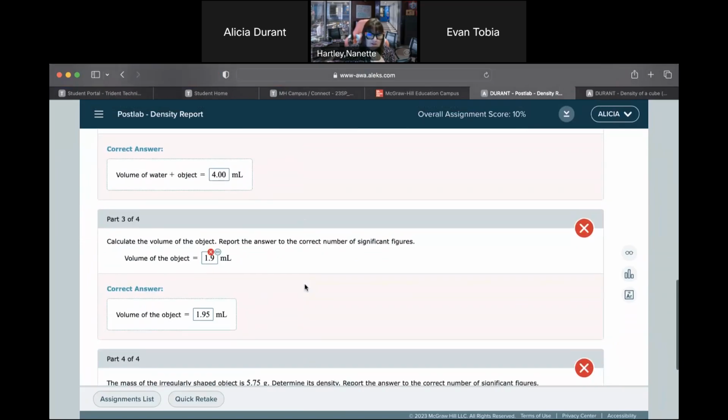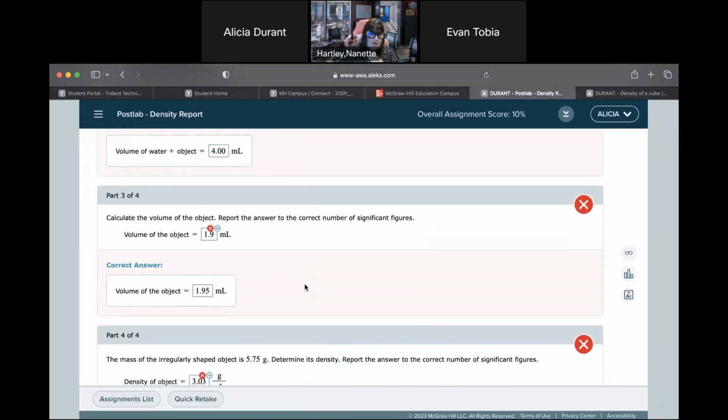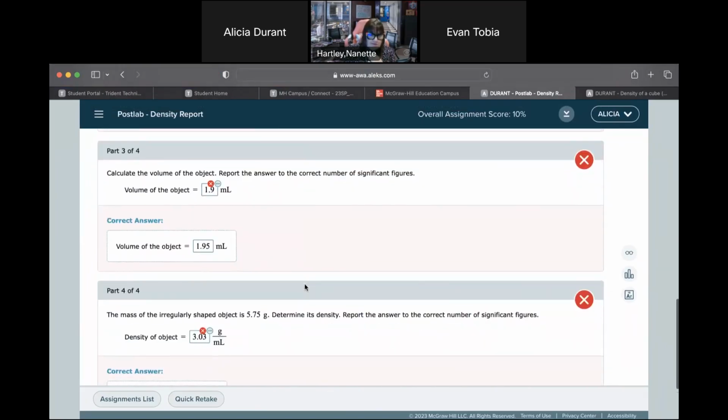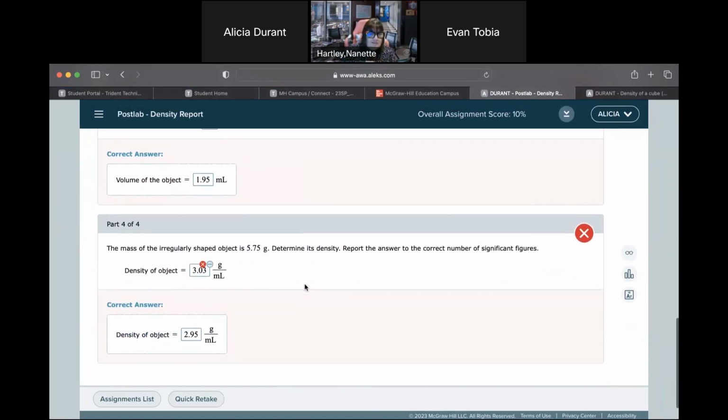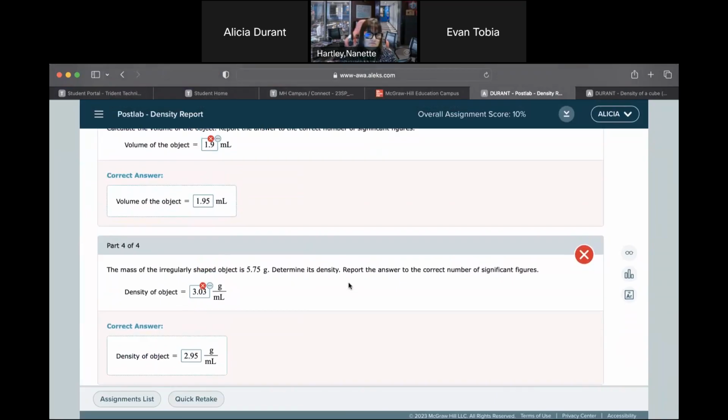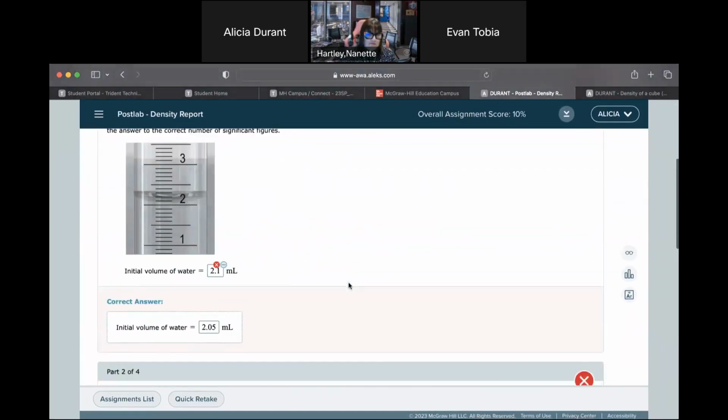Yeah, and this one is also. And that calculation is wrong because that first number was not correct. Okay, I got this one wrong because I put 2.1 here. Correct. Oh my goodness. Okay.